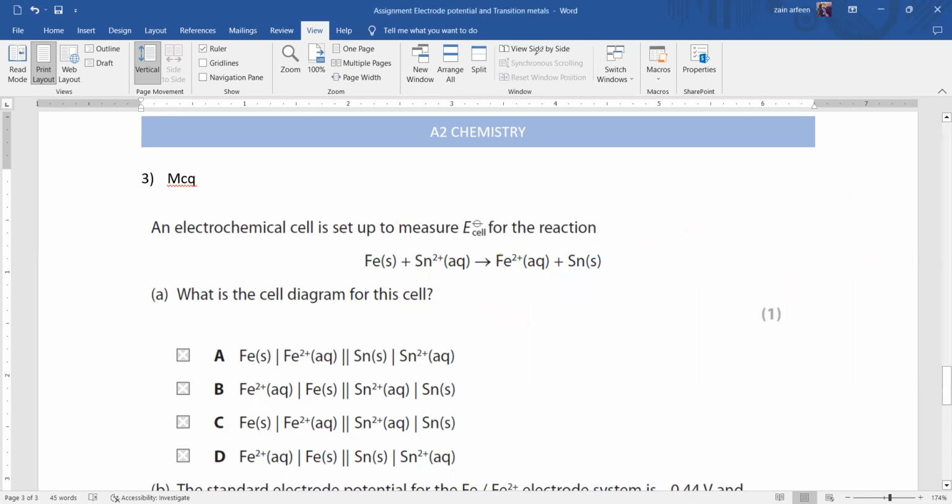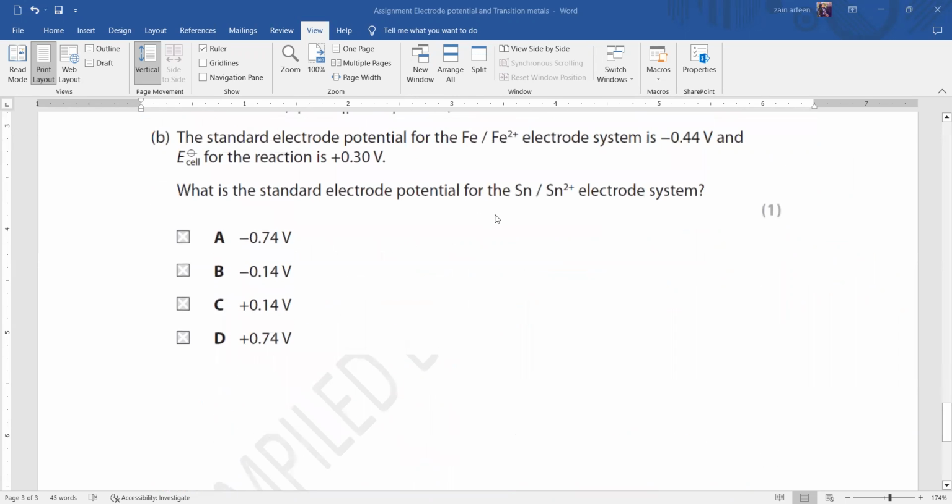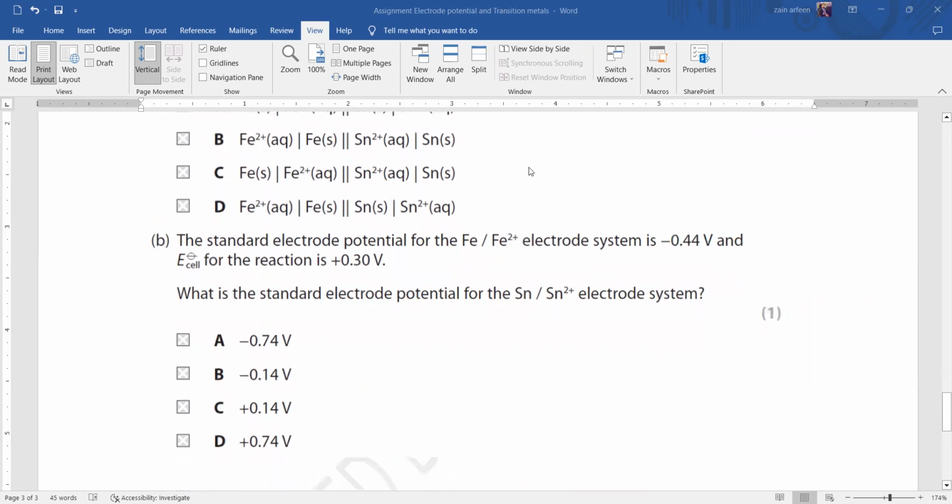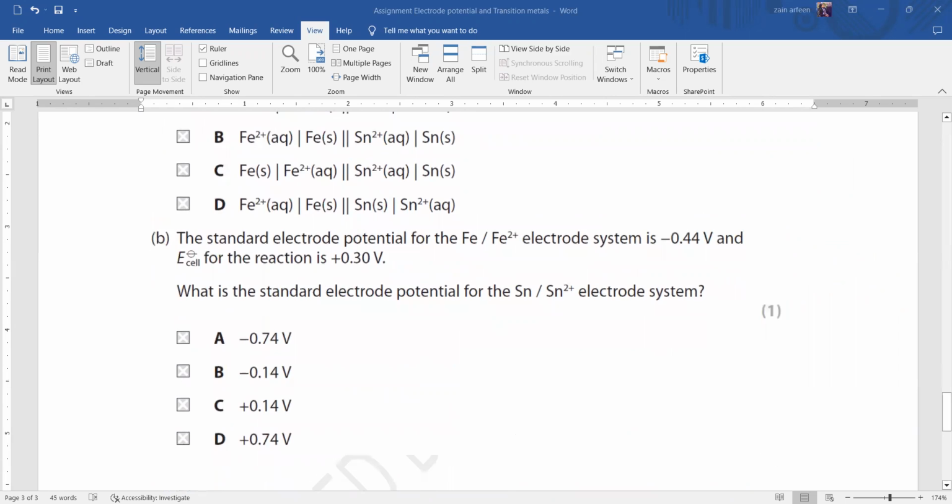Then the next part: the standard electrode potential for iron is minus 0.44, and the cell voltage is 0.30. What is the standard electrode potential of tin? How can we work it out? There are two ways. We can use reduction minus oxidation equals the cell voltage.